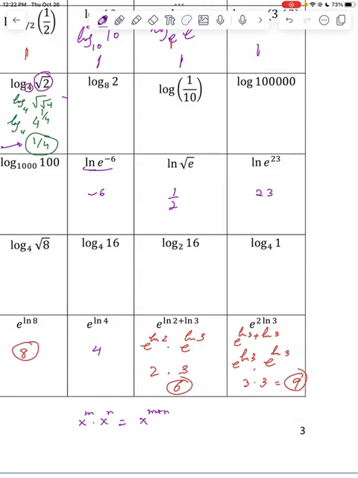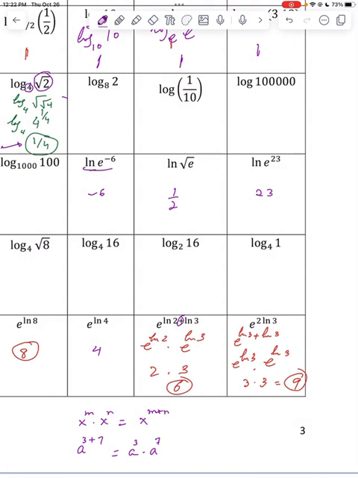So now if I have, for example, a raised to 3 plus 7, yes, I can write it as a raised to 10, but I can also write it as a raised to the 3 times a raised to 7. So that's what I'm doing here, because this is a plus sign in the power.